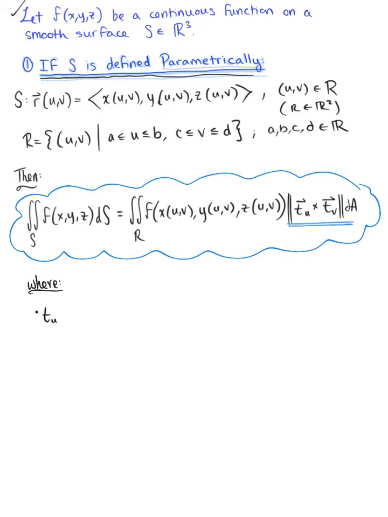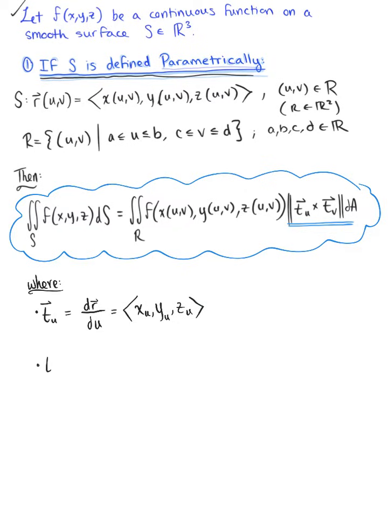the vector t sub u is the tangent vector in the u direction. And so we define this as the derivative of our parameterization vector r with respect to u. So this has components the partial derivative of x with respect to u, the partial derivative of y with respect to u, the partial derivative of z with respect to u.